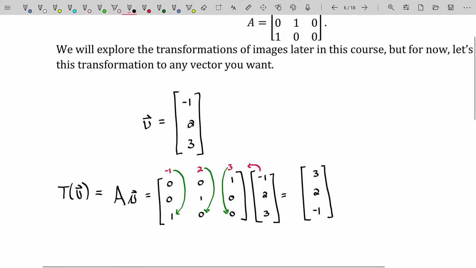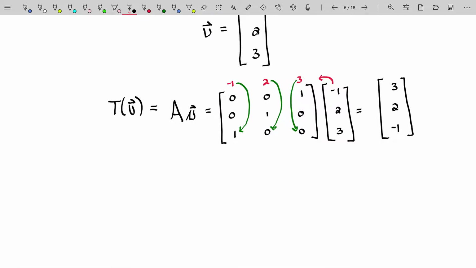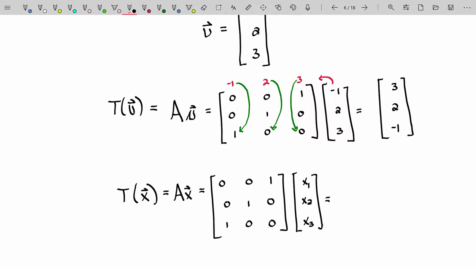Now, what happened to this vector? Well, if you say that the first and third positions swapped, you would be absolutely correct. You can actually do this in general. So if I took T of, let's just say, a general x vector, and if I were to perform the scalar product on the rows there, x1 times 0 plus x2 times 0 plus x3 times 1, and then x1 times 0, x2 times 1, x3 times 0, and finally x1 times 1, x2 times 0, x3 times 0.